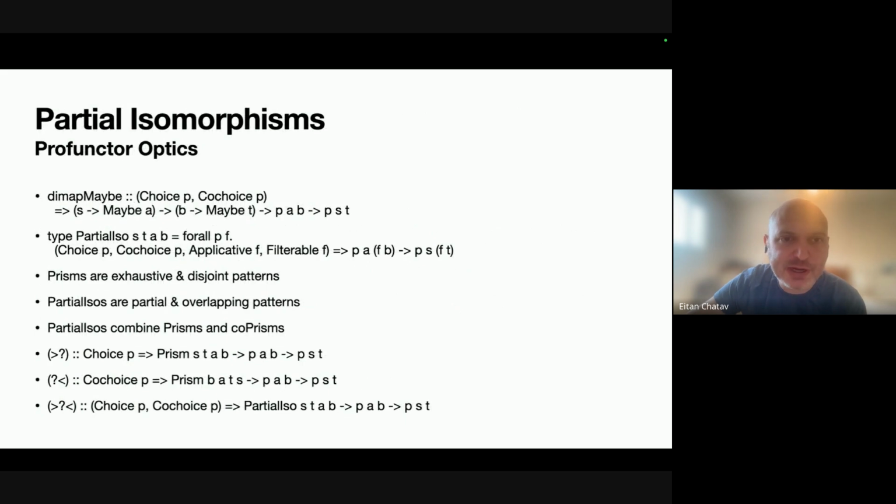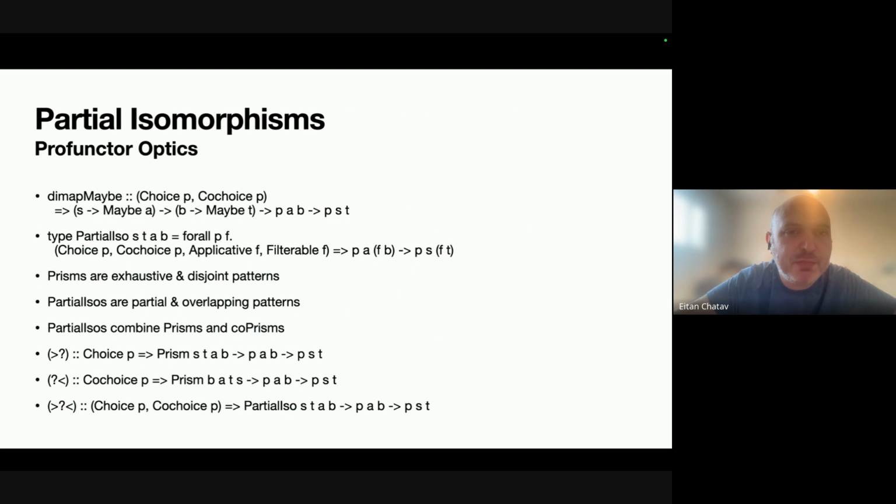Okay, so now I want to talk about partial isomorphisms. We mentioned partial isomorphisms earlier because Rendel and Ostermann noted that partial isomorphisms act on both partial printers and on parsers.